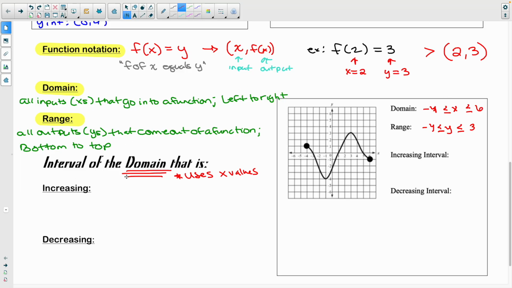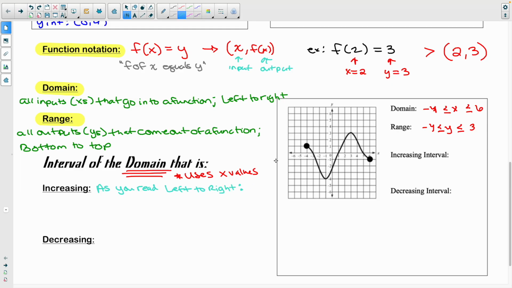So we're going to look at the interval of the domain that is increasing. That is not talking about as the x values get bigger. It's talking about as the graph goes from left to right, when is the graph going up? So we're going to write that out. Increasing is as you read from left to right, because we're talking about the domain.